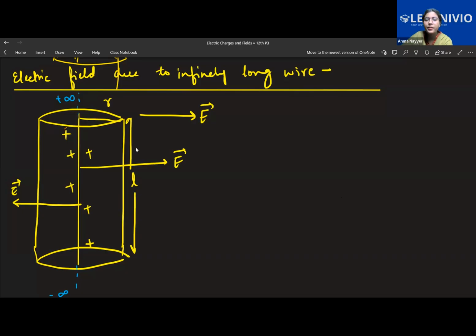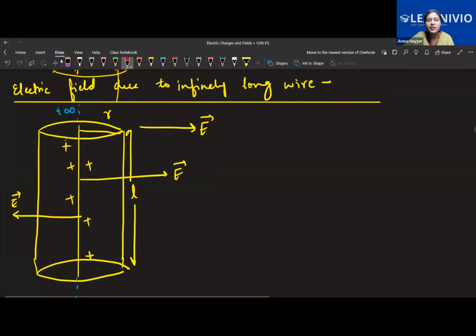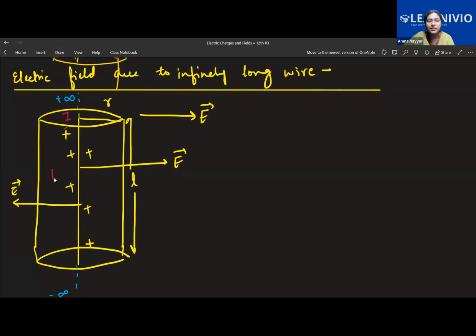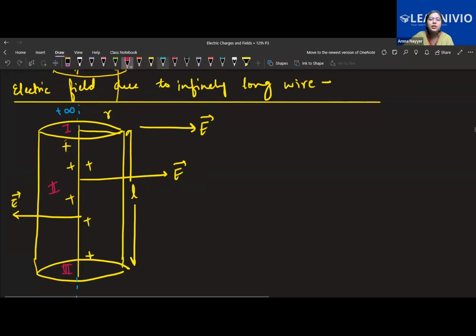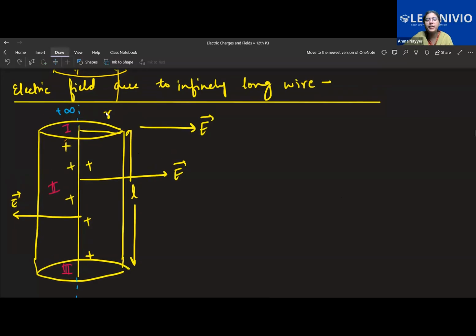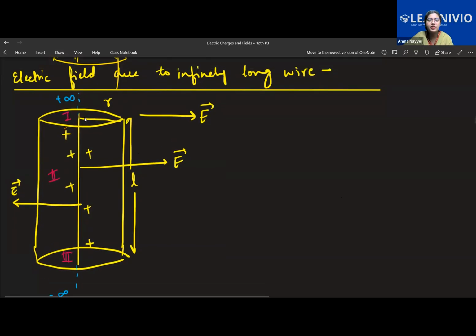So let's discuss this. Now see here. This is the surface area of a cylinder, and there are three sides present. This is the first, this is the second, this is the third one. Now look here. If I take a perpendicular to this flat surface, because remember we discussed that whenever we have to calculate the flux, we first calculate the area vector, because only then will we be able to calculate the angle between electric field and area vector.